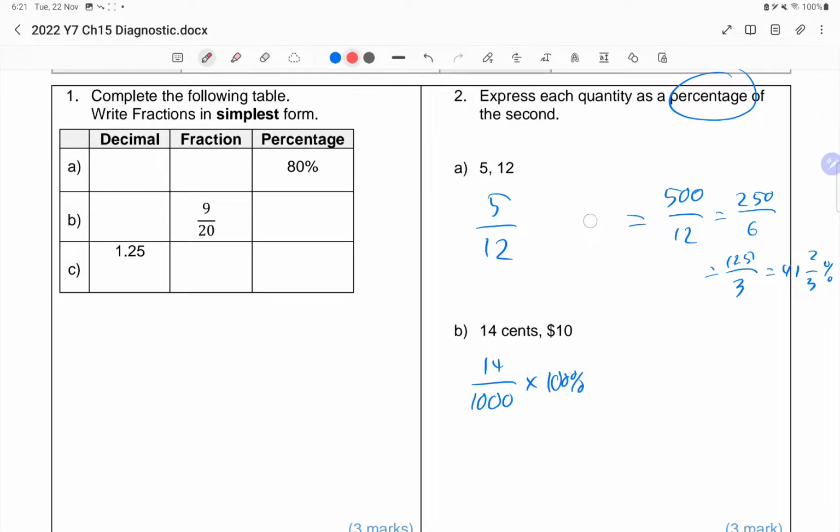The main thing you need to remember here is the times by 100%. Then you've got 1,400 over 1,000. Again, chop off the two zeros. That's 14 over 10, or actually, you can go 1.4%. Make sense?